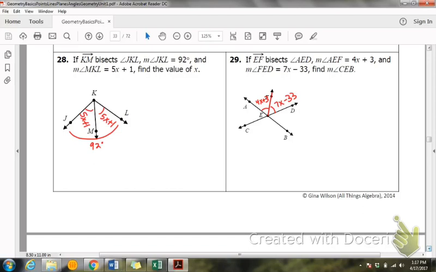So I'm going to set 4x plus 3 equals 7x minus 33. Not 180, because they're not a straight line, right? But we do know that it's bisected. So we're going to set them equal to each other.